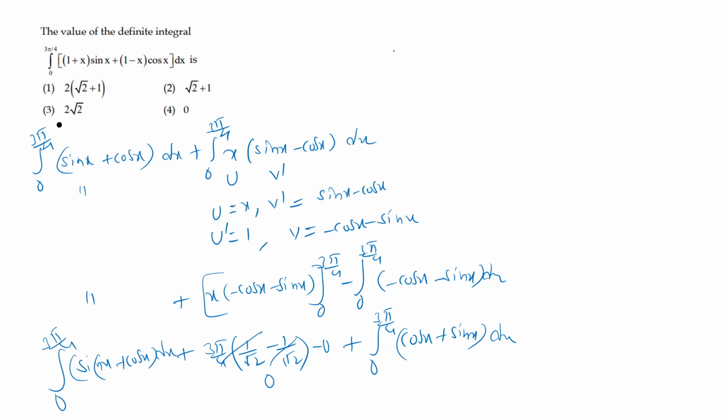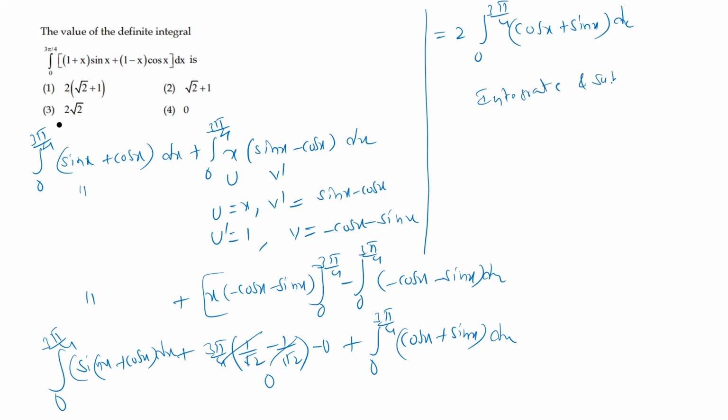These two are the same only, so we are adding 2 times: 2 times integral 0 to 3 pi by 4, cos x plus sin x dx. Integrate and substitute the limits, you'll get the answer. Okay? It's easy. Substitute the limit and you'll get the first option.